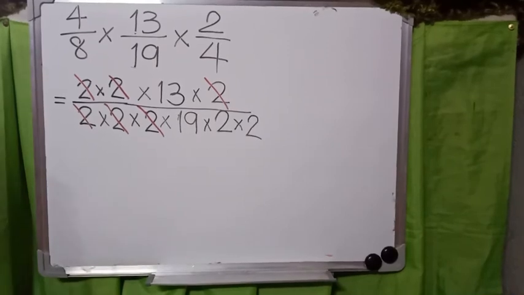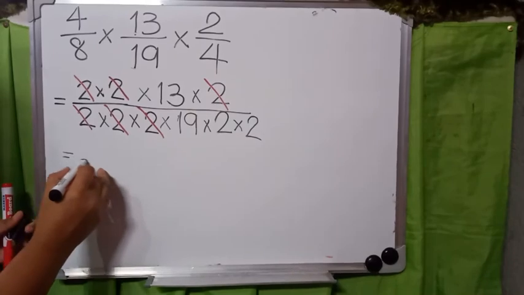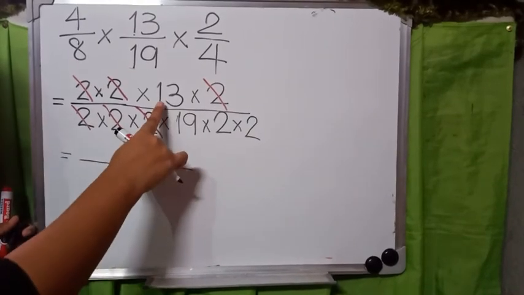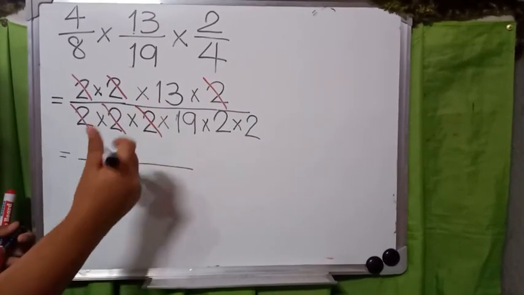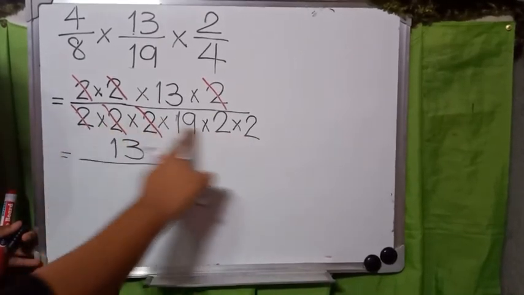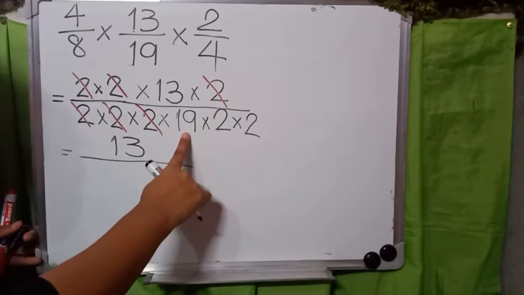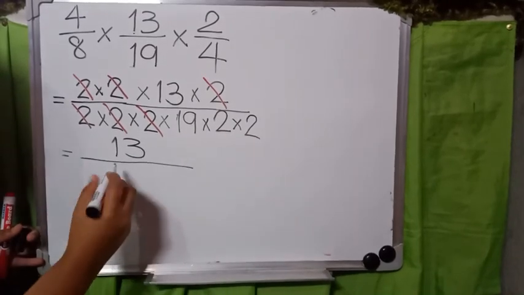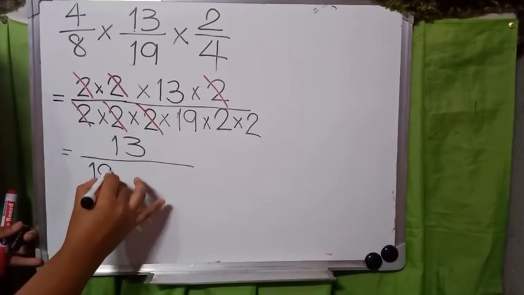So what are the remaining factors? The remaining factor of our numerator is 13. In our denominator, that is 19 times 2 times 2.